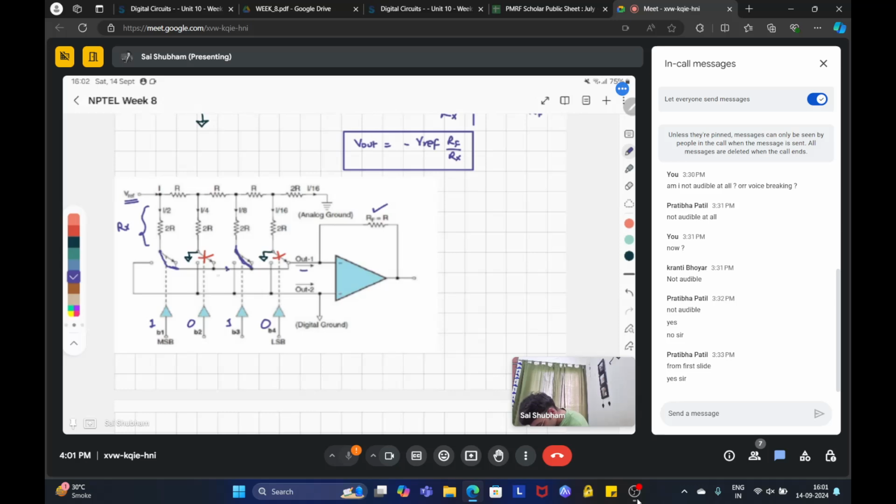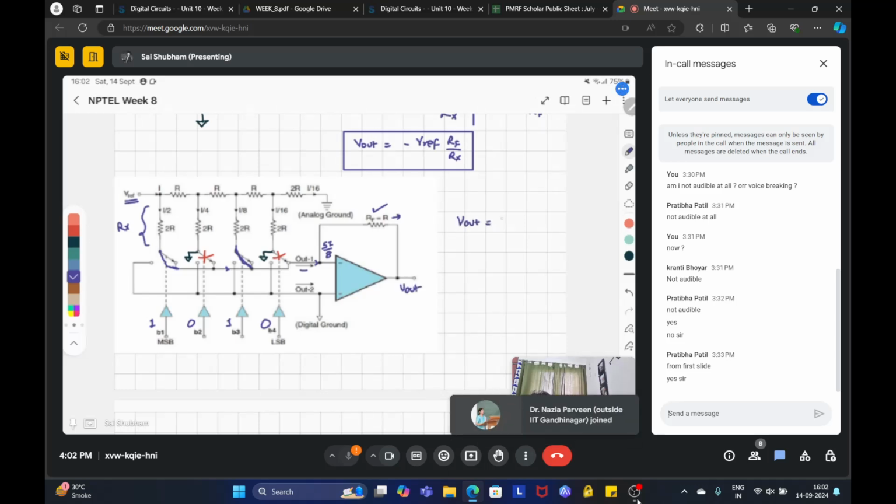So this current that goes, which is, I think, I2 plus I by 2 plus I by 8, which is 5I by 8. That goes here. So this is V out.